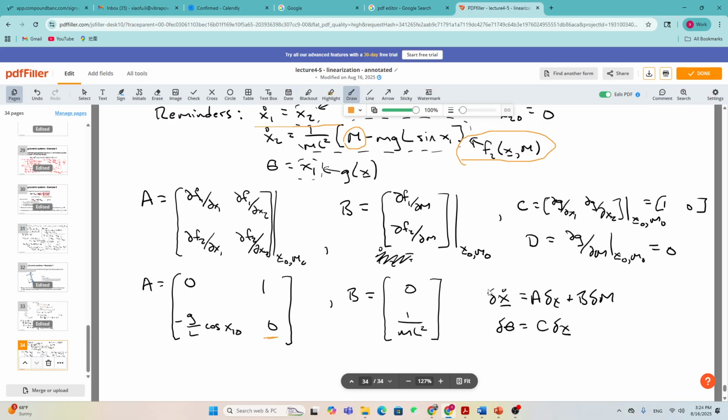So now you have derived all the A, B, C, D matrices, and you have linearized with respect to your equilibrium point based on your state space representation. Then you can write down your final formula for your linearization equation. That's everything for this lecture.